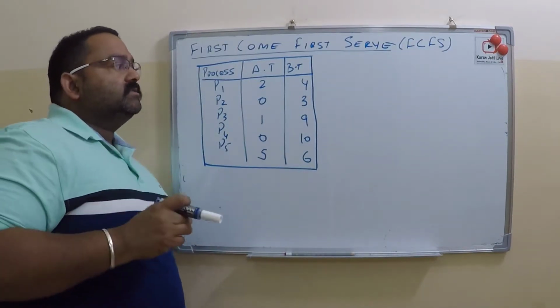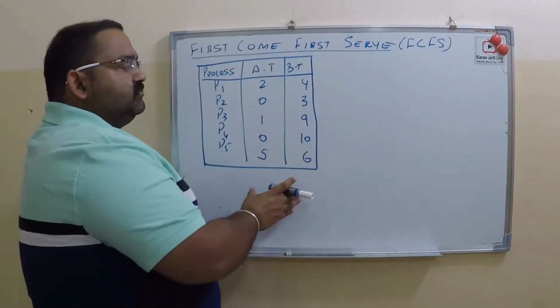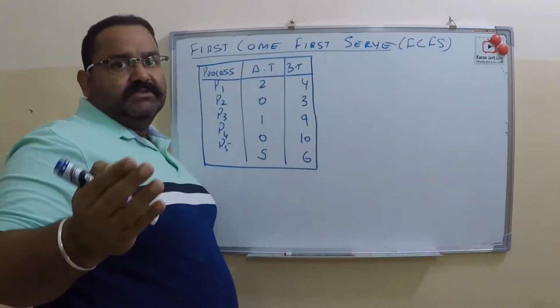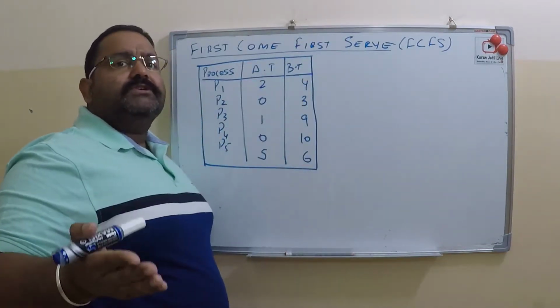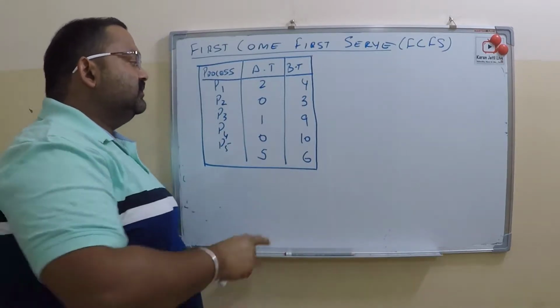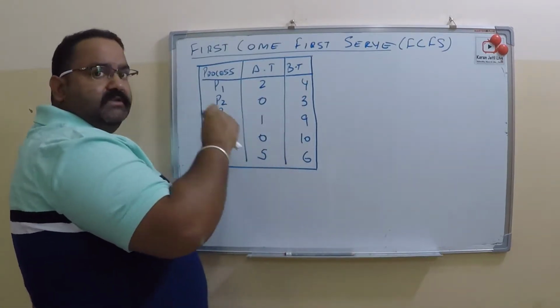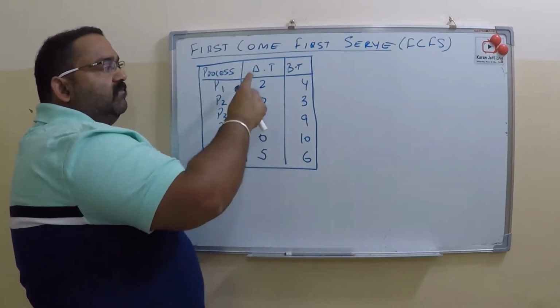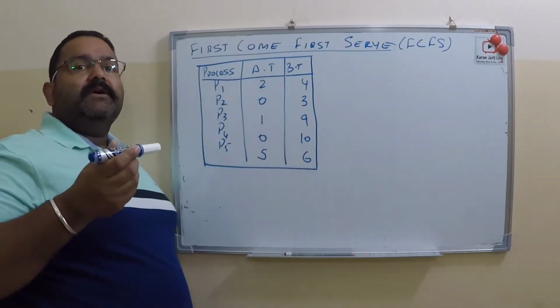Now how does this work? It is first come first serve, so any process which comes first will be executed first. Out of these arrival times, which process came first?